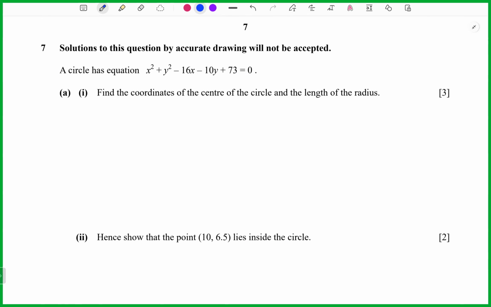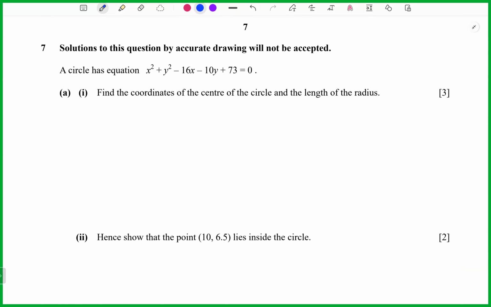Find the coordinates of the center of the circle and the length of the radius. Okay, so we need to find the center. I'm just using the alternative solution. If you think you can use completing the square, you can also use it, but I will not show it in my solution.